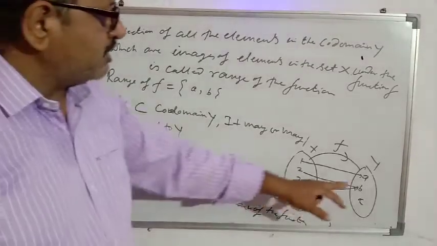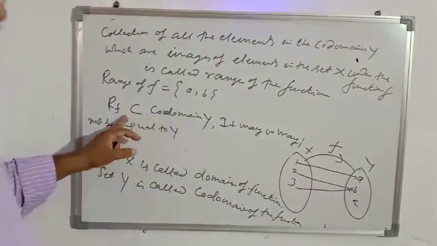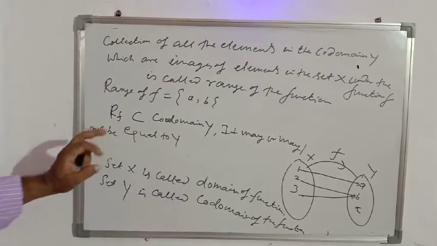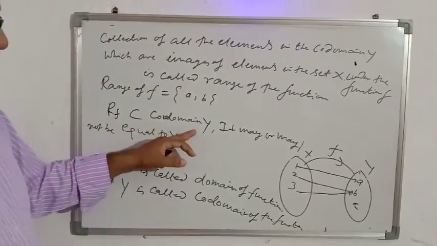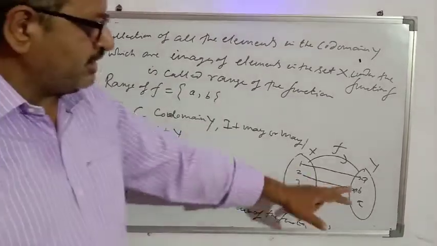But if it is not equal to codomain, then it will be only a subset of the codomain. So range will be only a subset of codomain if both are not equal.